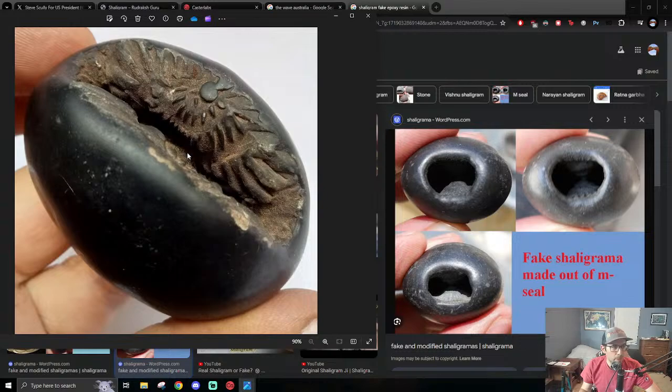But at the same time, its innards are more detailed in terms of the material being different. This layer right here is kind of odd. If someone were to make it, why would they do this? Why would they make it like this? It's a very strange fake Shaligram to arrive at.